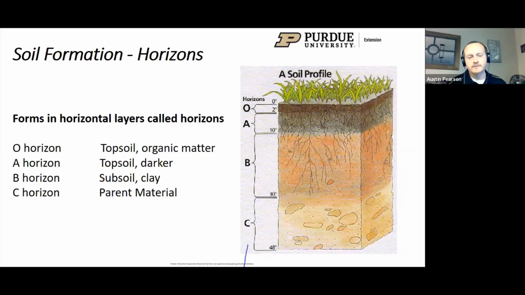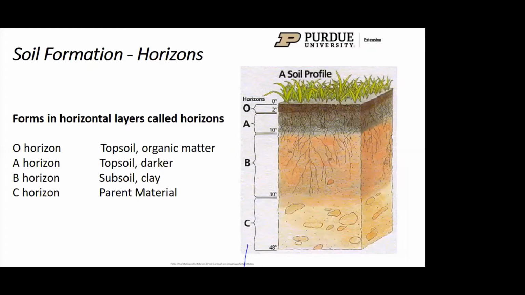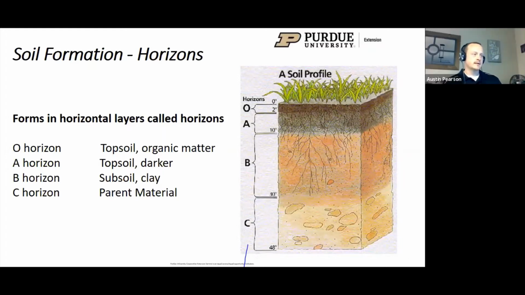And depending upon if your soil formed underneath of a forest or a grassland, your A horizon could be deeper or shallower. It just depends on the location that you are. Then you look down here in your B horizon, you start getting into the subsoil, and then down into the C horizon for your parent material. So that's something that we can see with those horizons there.